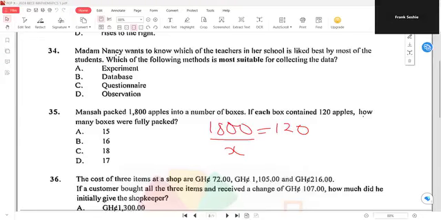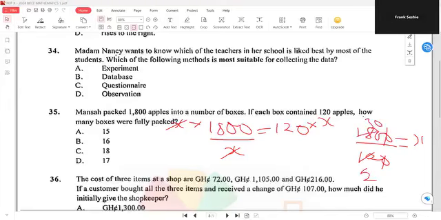So obviously, 1,800 out of 120 should give you the value of x. Cancelling the zeros, 2 sixes are 12, 6 tens are 60, and so on, we'd have 15 boxes that are fully packed.